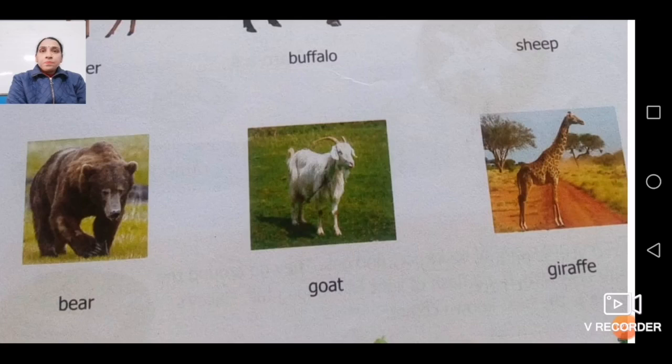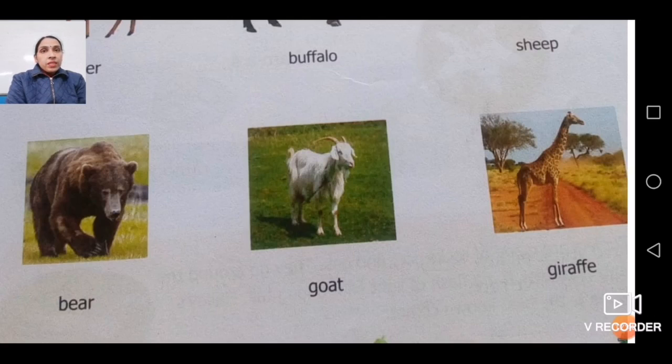Goat is a domestic animal. So here children, in this exercise, what we have done in this chapter, we have done about wild animals, domestic animals, as well as pet animals. Now domestic animals are sometimes called farm animals.